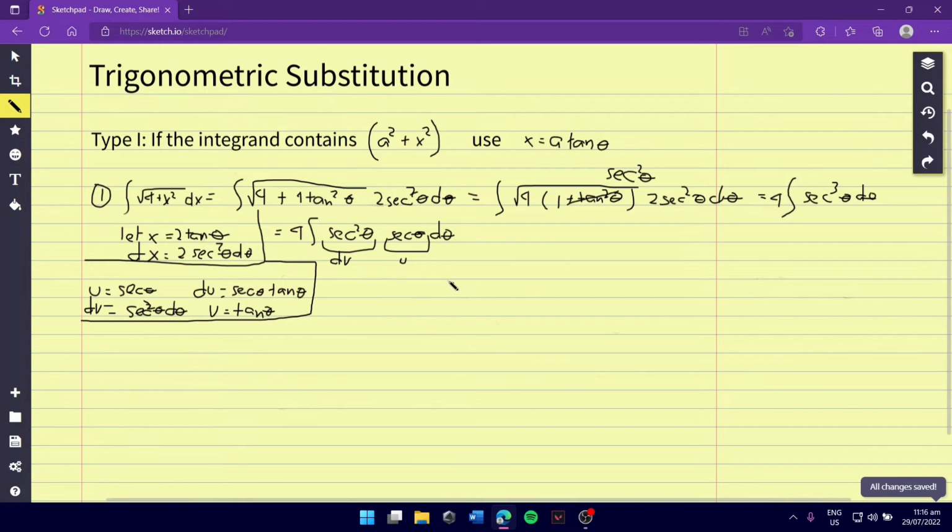So this will become, let's put it here, the integral of secant squared theta d theta will become secant theta times tangent of theta, and then minus the integral of secant theta tangent squared theta d theta.